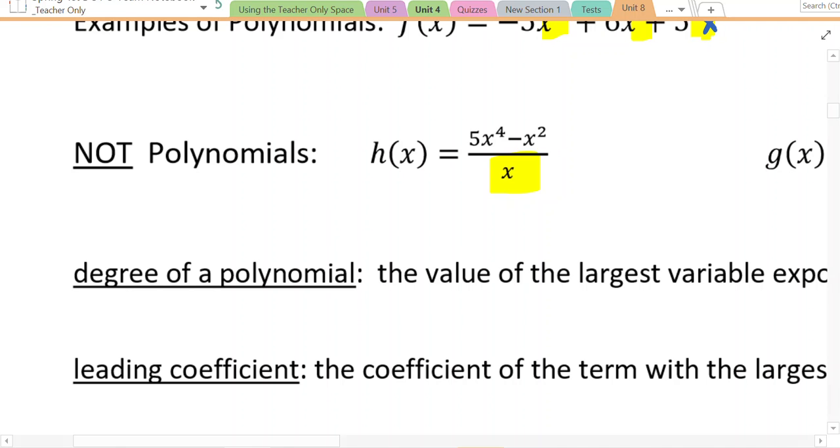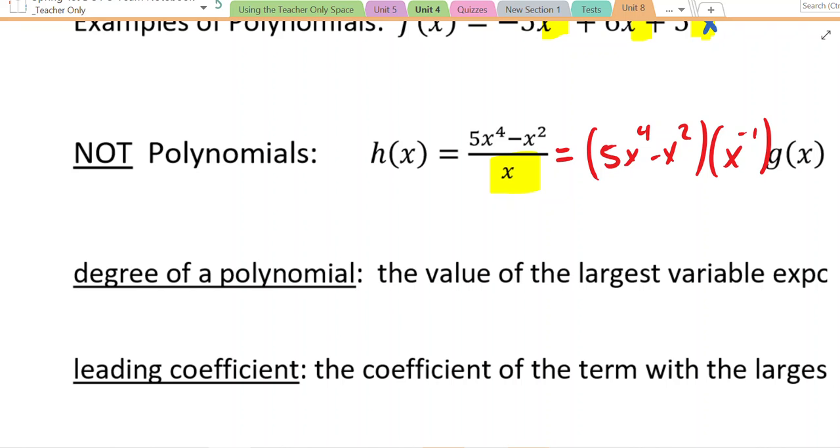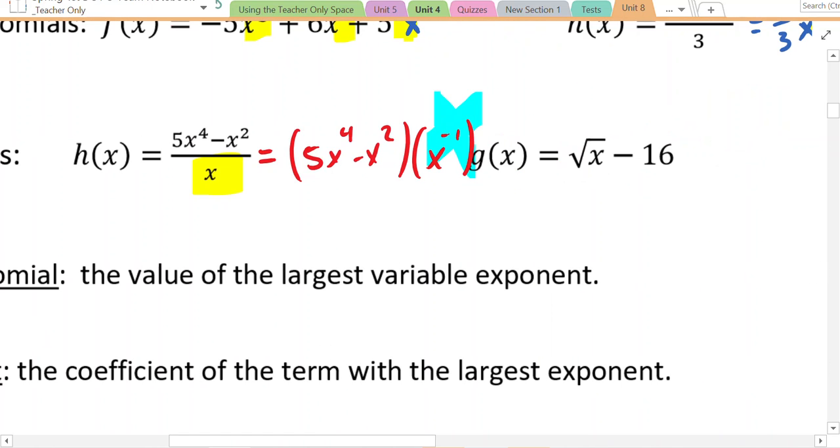You don't factor stuff out. You just rewrite it. And we have 5x to the 4th minus x squared times x to the negative 1. And that's what's not allowed. We can't have that. No x to the negative 1. That's a negative. So we can't have it.